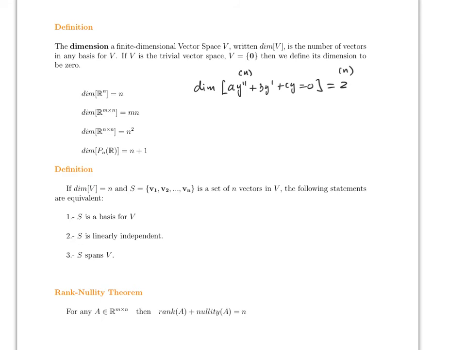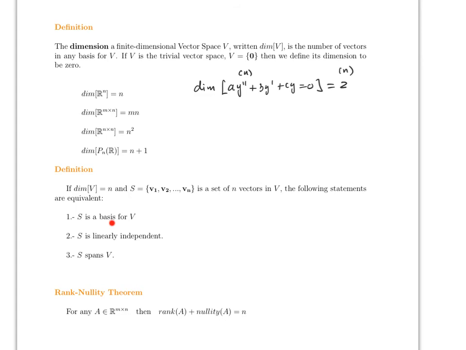The following definition is very important because it gives us another way to check if a set of vectors is a basis or not. So the definition says the following: if the dimension of the vector space is equal to n, and if you have a set of vectors S where the number of vectors matches the dimension, then the following statements are equivalent.